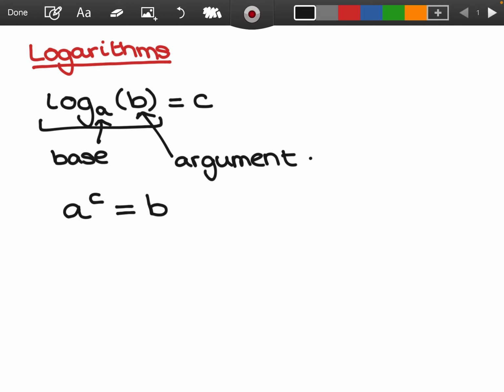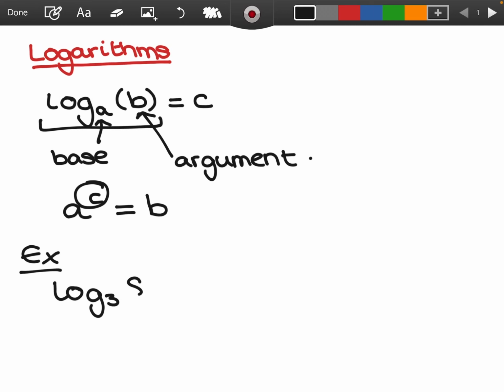And B is the number that I want to end up with when I raise A to the certain power. Okay? So that's what a logarithm means. Log base A of B is asking what power do I need to raise A to? What is this power C that I need to raise A to in order to get that value of B?